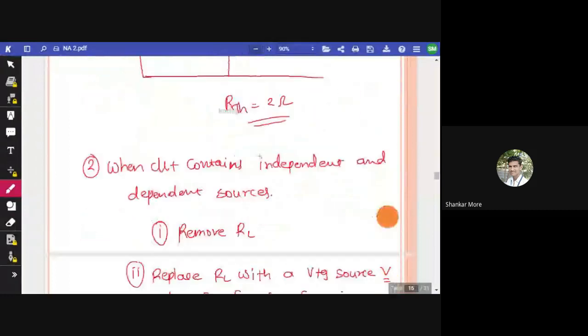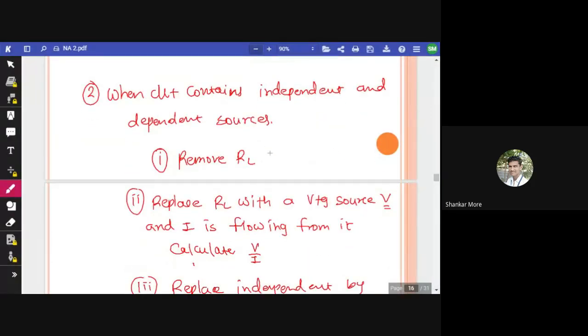If both independent and dependent sources are there, in that case you have to first of all remove RL. Then you have to replace all the independent sources only. Dependent sources must not be replaced. You have to keep dependent sources as they are. They will help you to find out the answer. Okay, don't worry about it. If you remove the dependent source, then the answer will come out wrong.